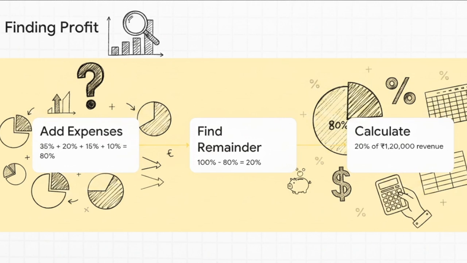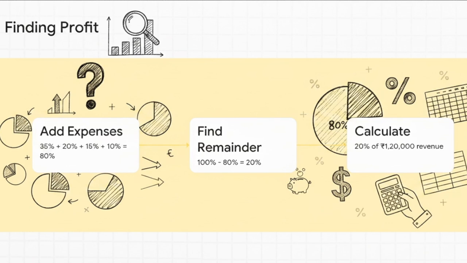Step 1 is super straightforward. We just consolidate what we know, add up all those stated expense percentages. So 35 plus 20 plus 15 plus 10, that gives us 80%. That means 80% of the revenue is already spoken for. Step 2, find the remainder. The whole is always 100%, so 100 minus that 80 leaves us with a neat 20%. The business saves 20% as profit.